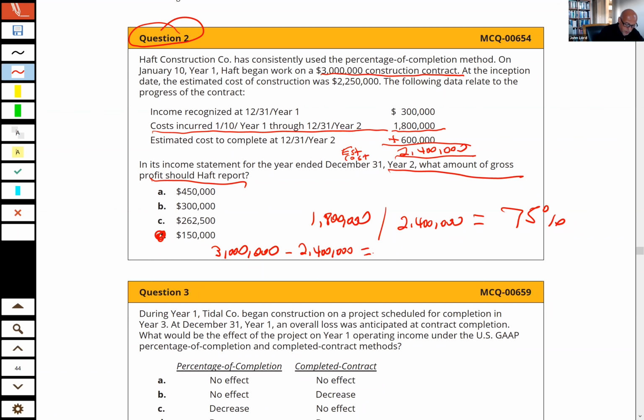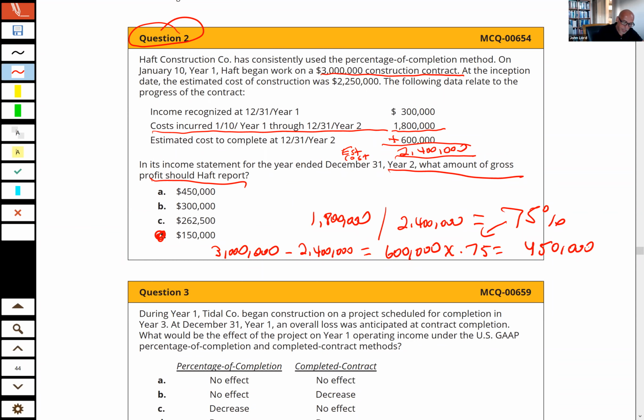So 3 million minus 2,400,000 means they expect a profit on this contract of 600,000. Since we're 75% done, we multiply that by 0.75. That means we think on the entire contract we're going to earn $450,000 of profit.